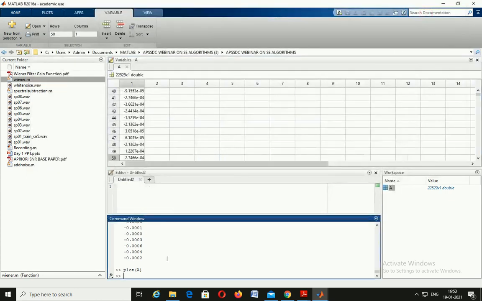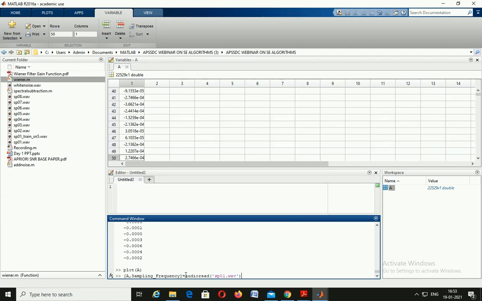So I am minimizing this one. Let us consider I am writing a statement like this: a comma sampling frequency is equal to audioread of sp01.wav.